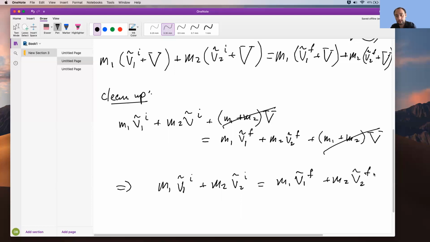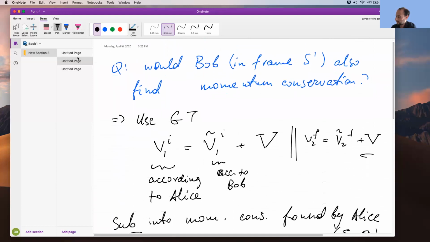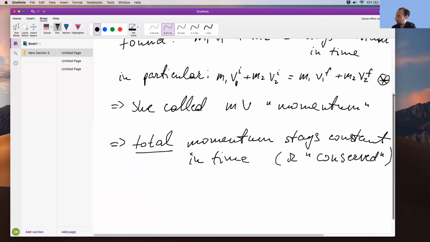Is the momentum conserved according to Bob? Yes. So this is P total initial equals P total final.